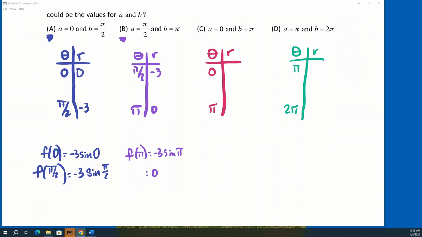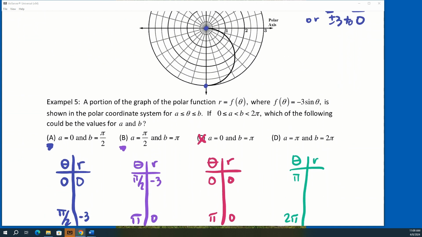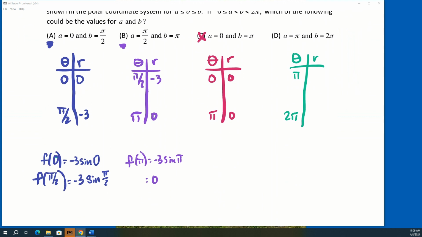All right, on this red one, we already know both of these. We found f of 0 on the first one, and we found f of pi on the second one. Could this be a possibility? No. This went all the way from 0 to 0, so that means it did a full circle. We just want a partial.